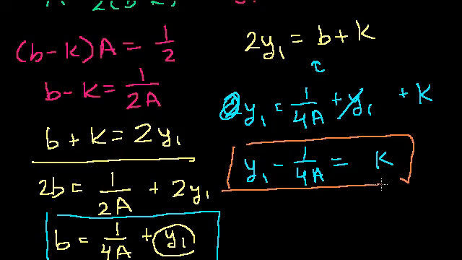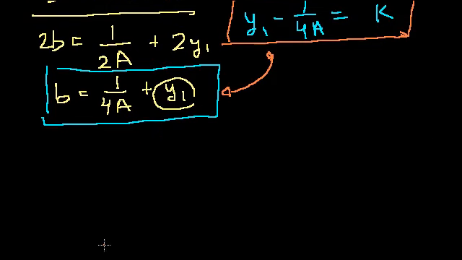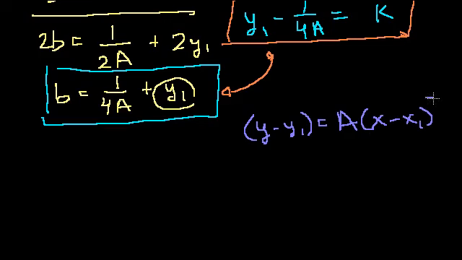So this is interesting. Right now, these might look like little hairy formulas, but if we actually graph it, I think they'll become a little bit more intuitive. So once again, we had the parabola y minus y1 is equal to a times x minus x1 squared. And so the graph of that parabola will look something like this.